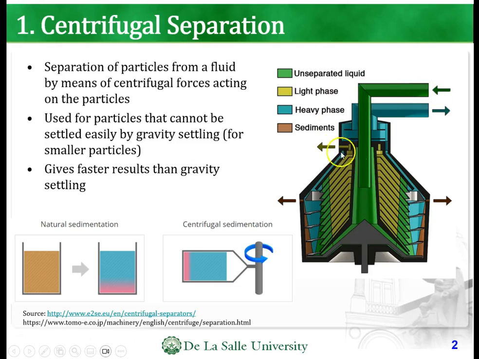Then you will notice, from the green to the yellow, this is the light phase that will be left out as it rotates. And then the unseparated liquid contains heavier materials, and then the heavy phase would be here that can be separated. And lastly, at the walls, you can see the sediments will be attached against the walls.